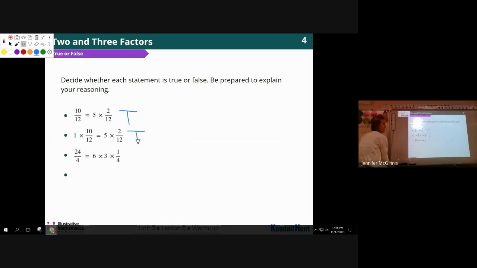True or false? Go. It's true because 6 times 3 is 24. How can you prove that 6 times 3 is 24? It's false.